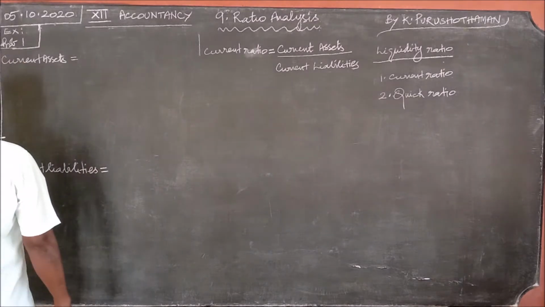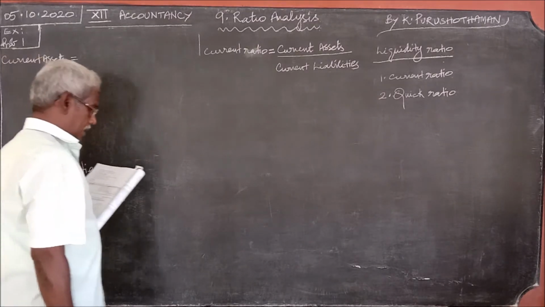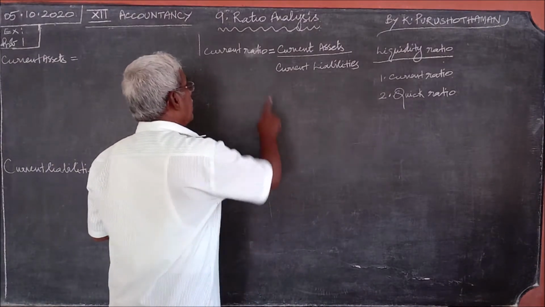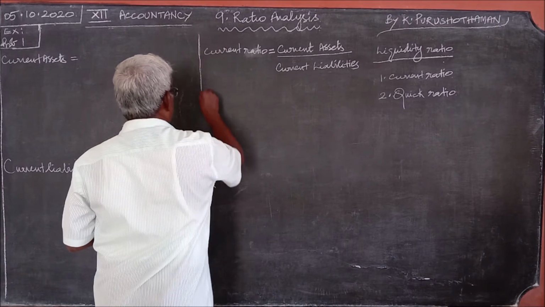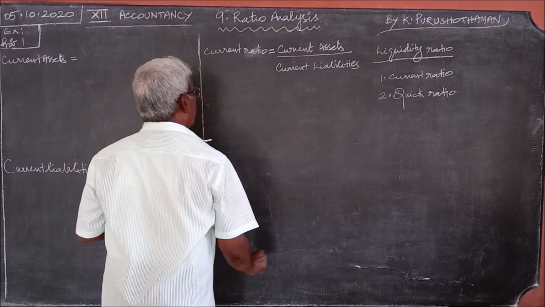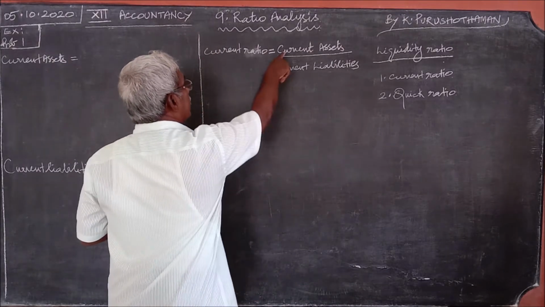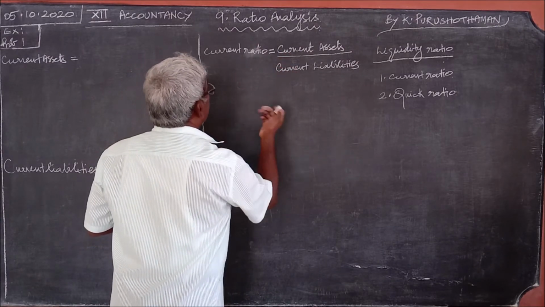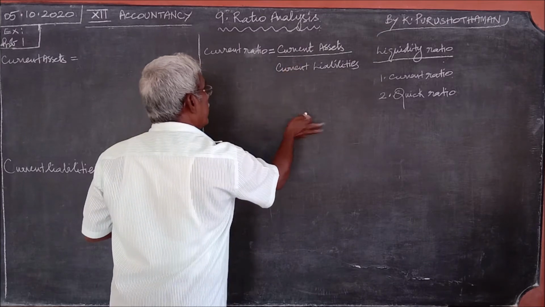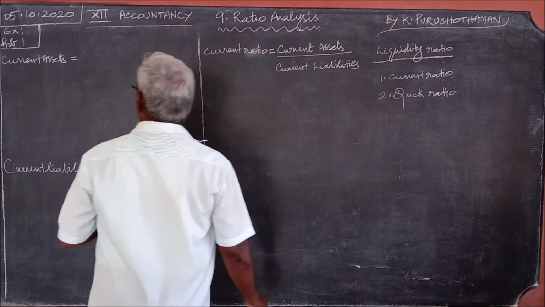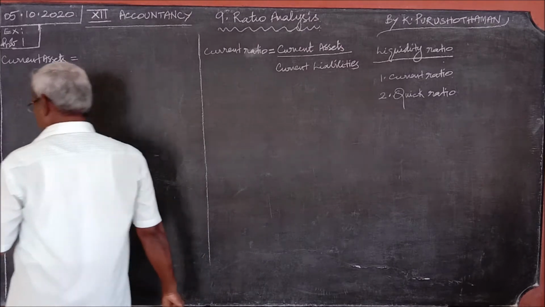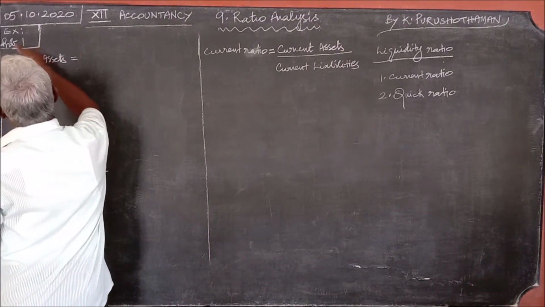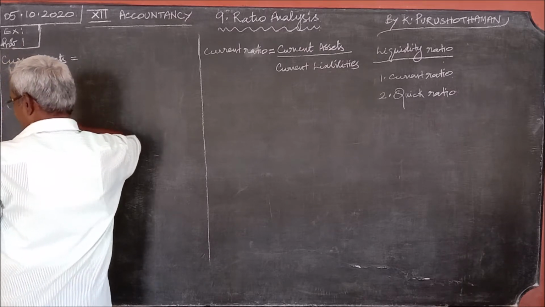In the first one, as usual, the question here is calculate the current ratio. So for current ratio, this is the formula. So we should keep ready the answer for current assets and current liabilities. Then we can substitute and find the ratio. Okay, right. Now the first one is current assets. Here, what are the current assets given in problem number 1?